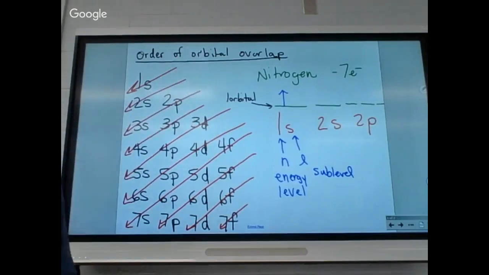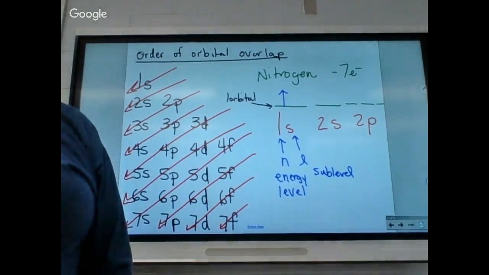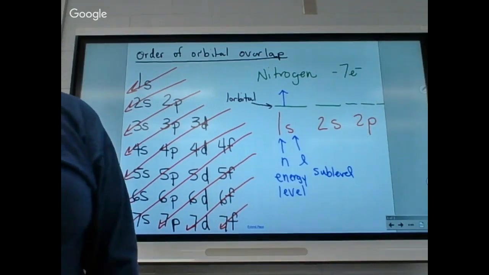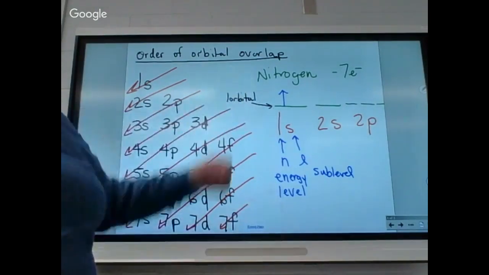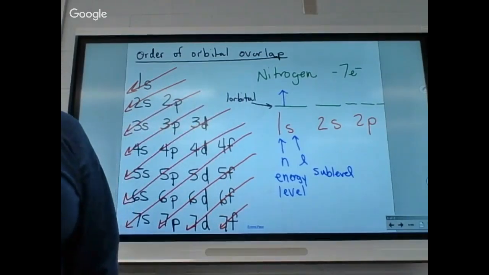How many can 1s hold? 2. You cannot go to the second floor until the first floor is full. Is it full? No. So a second electron must go in the first floor.